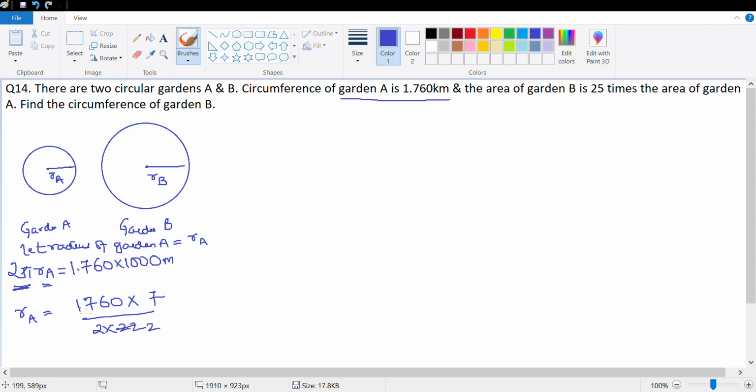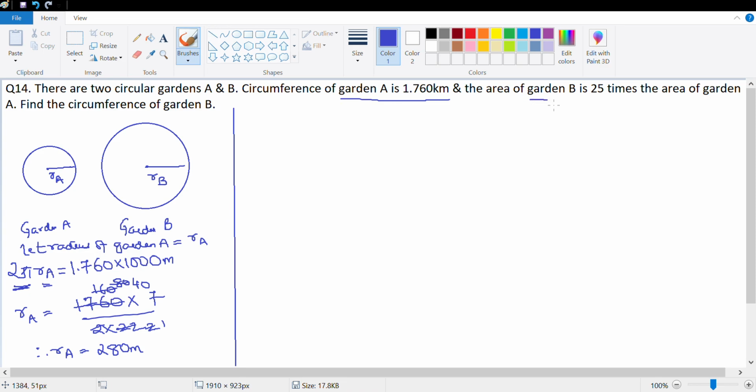So 11 into 2 and this will be 11 into 1. That's 66. So that's 160. So this is 21 into 80 and this is 21 into 40. Therefore, RA is 7 into 40, which is 280 meter. So radius of garden A is 280 meter.